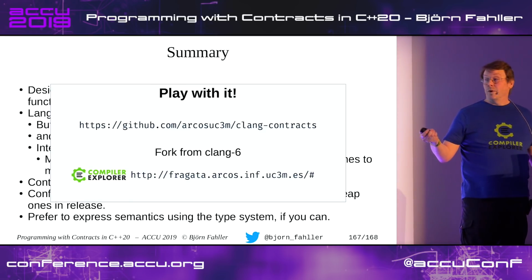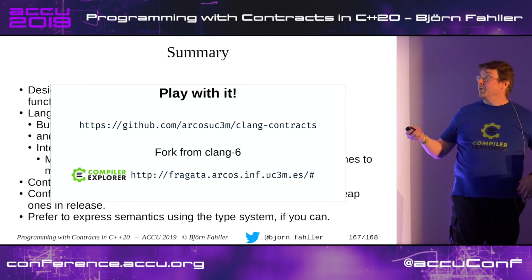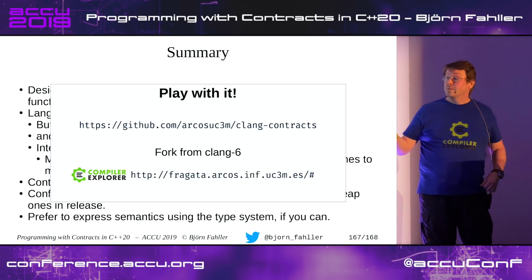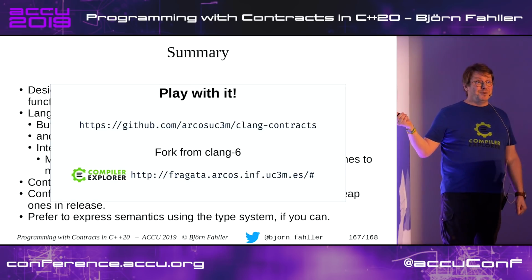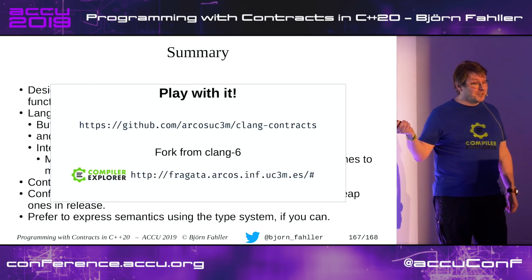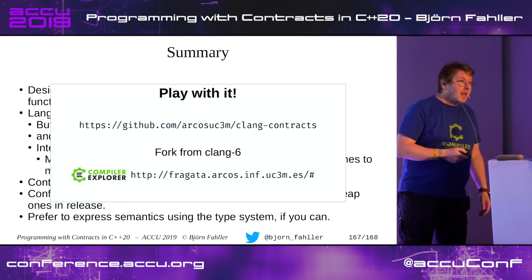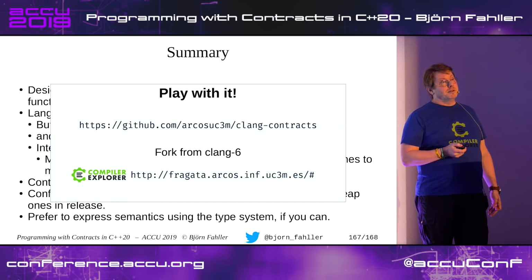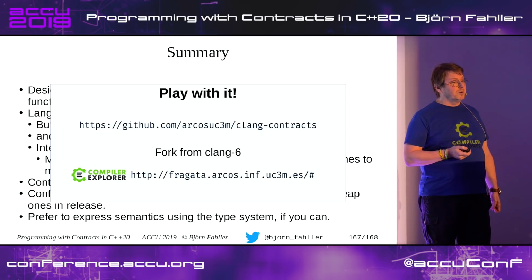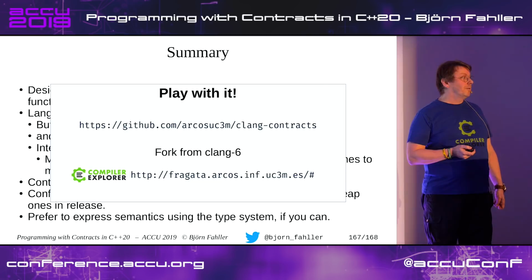And please do play with this fork if you want to. It's pretty brittle. It's very easy to get internal compilation errors, trust me. But it gives you an idea. I have been told that there is a GCC branch that also implements contracts, but I have failed to find it. So I don't know.